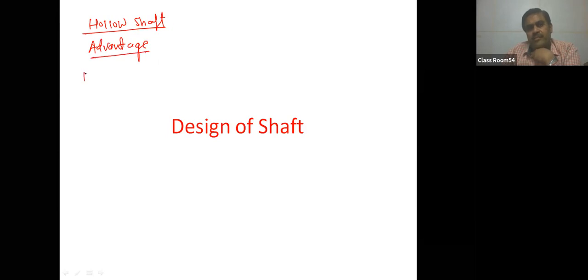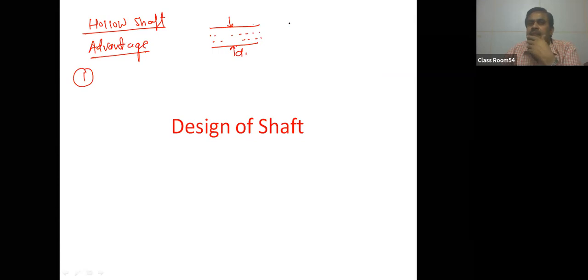Say this is the solid shaft of diameter D, and some material from the inside is removed and placed at the outer periphery. Then for the same weight, let DO be the outer diameter of the hollow shaft and DI the inner diameter.